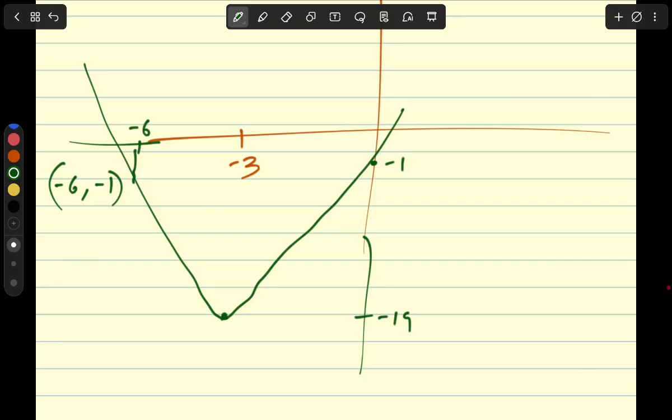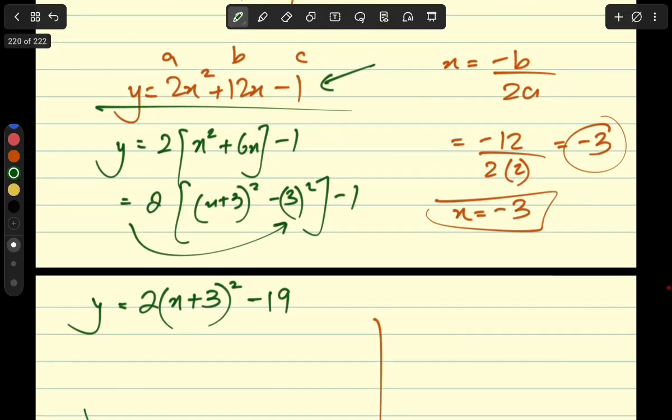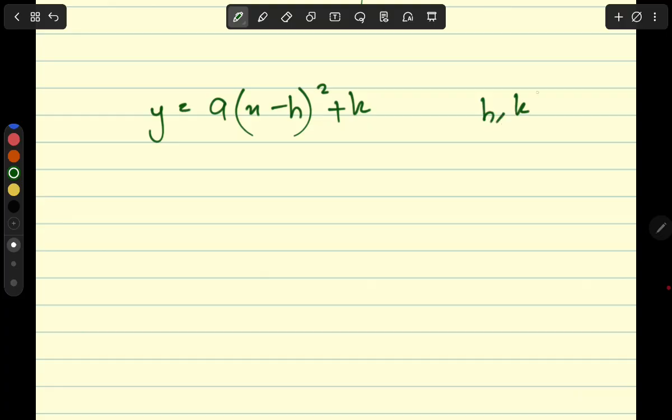Now I also explained to you why the vertex occurs at h comma k if the form is a(x minus h) whole square plus k. At x equal to h, this bracket becomes 0. 0 times a is 0, and 0 plus k is just k.